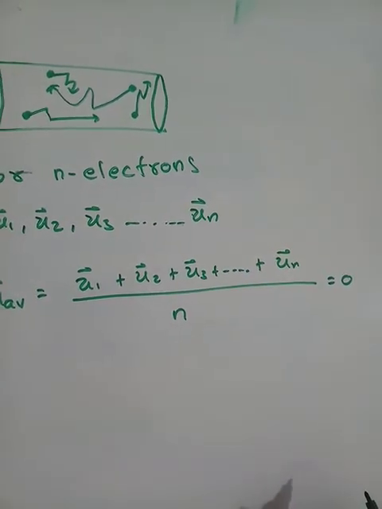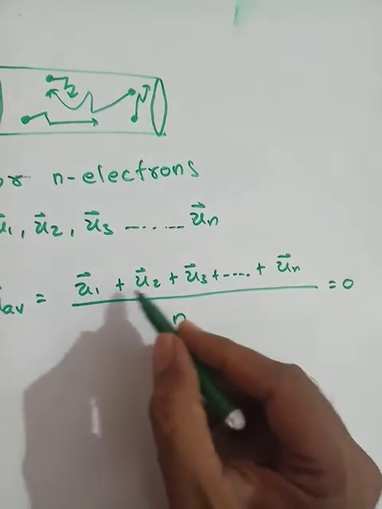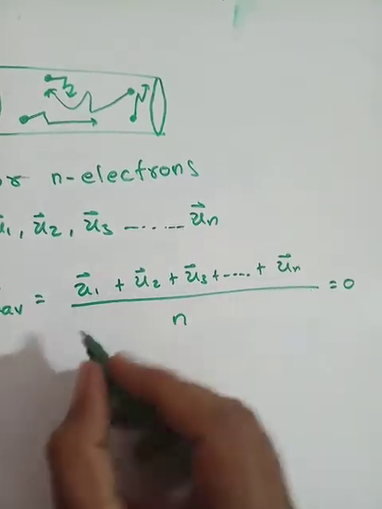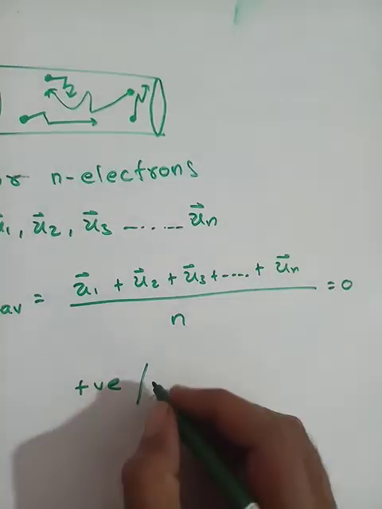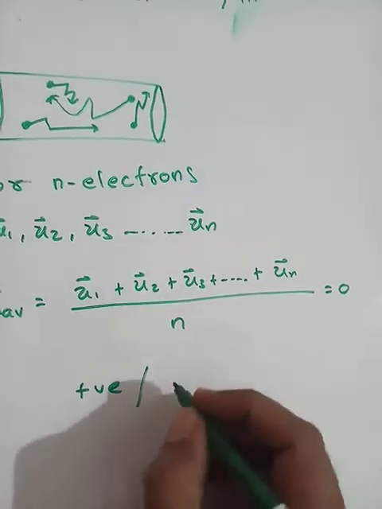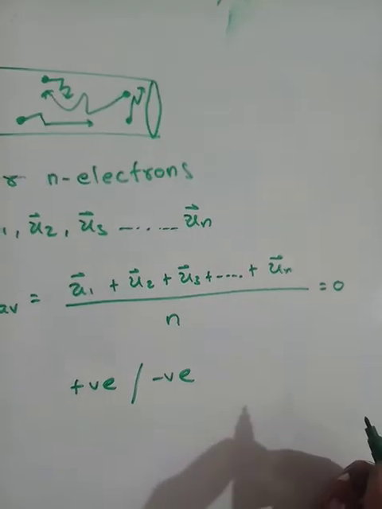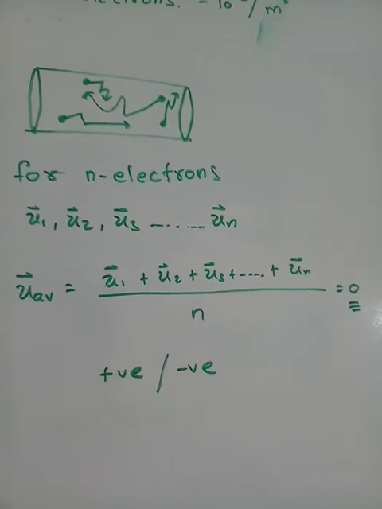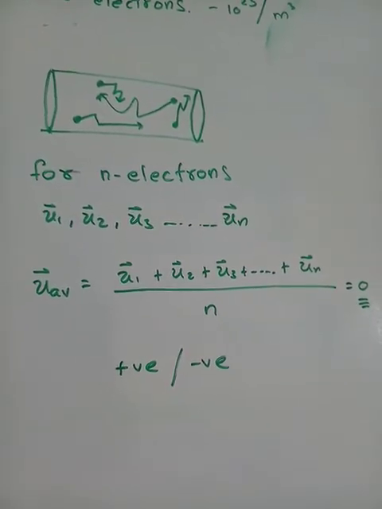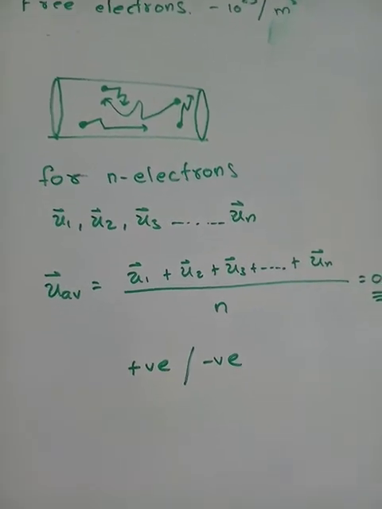Why will this be equal to 0? Because half of these u's, these initial velocities, will have a positive sign, and the remaining half of these velocities, because they are moving in the opposite direction, will have negative signs, and this average comes out to be 0.